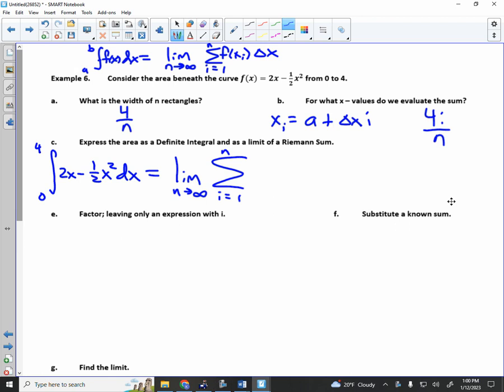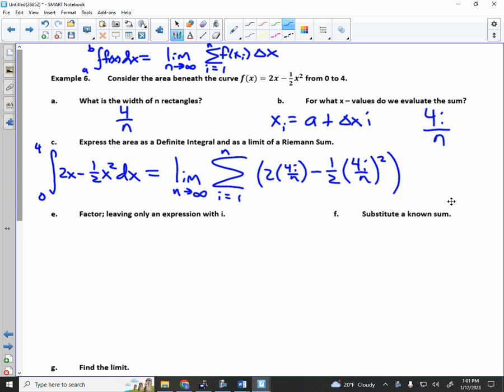Okay, let's look up here. Did everybody get the definite integral written correct? We've got 0 to 4 of our function dx. Good. Equals the limit as n goes to infinity of the sum from i equals 1 to n. And now what we have to do is plug this in here. So it's 2 times 4i over n, so I plug the 4i over n in there, minus 1/2 times 4i over n squared.